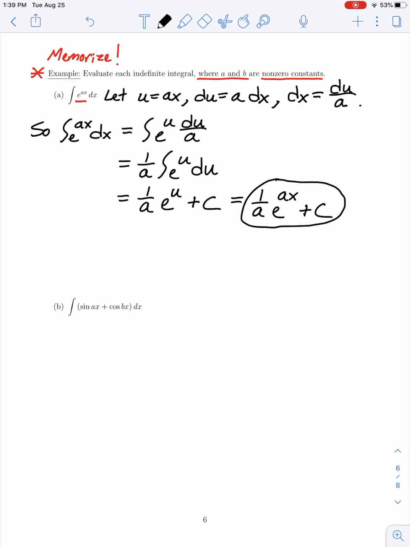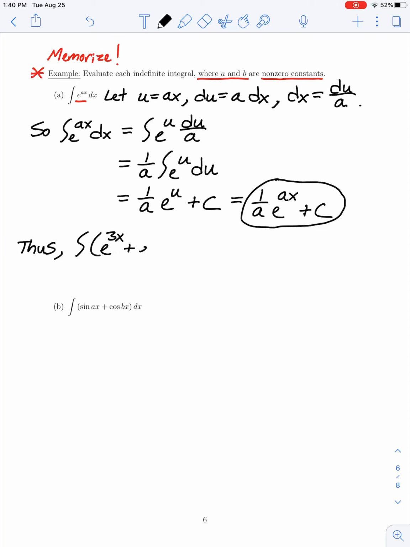So some cases where this might arise throughout the course would be maybe integrals of the following form. Let's say we want to integrate e to the 3x plus e to the negative 4x dx.